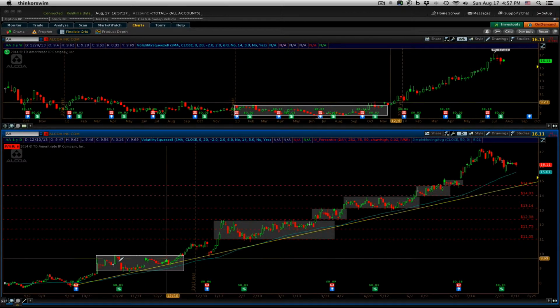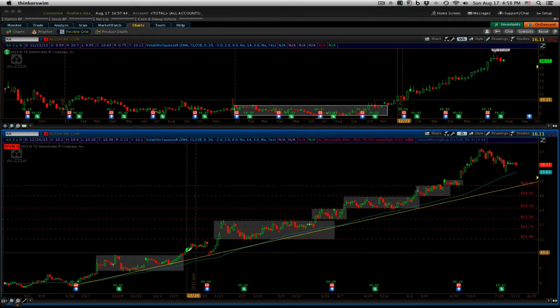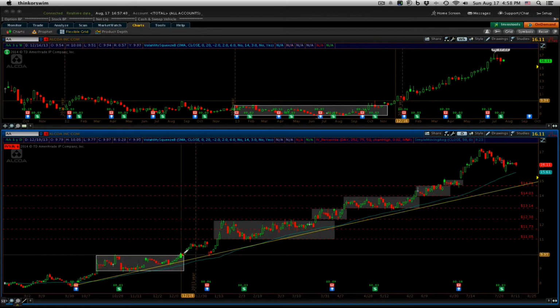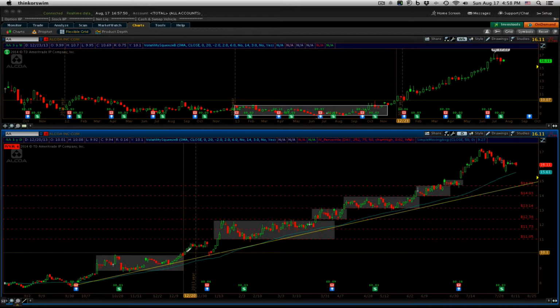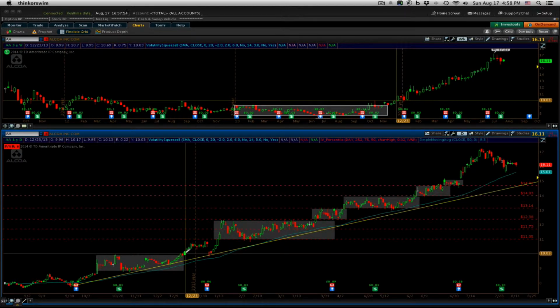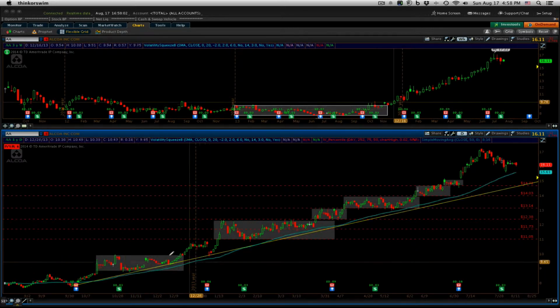So what you would decide to do is, once you knew that the top of this box was no longer holding the stock within the box, you would buy stock. So you would buy stock here, say around Christmas, 12/23, at $10. This would be an ideal situation. Again, this is just for illustration purposes.